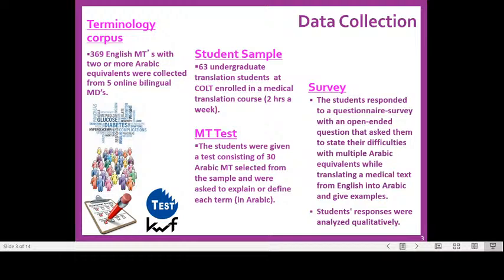In addition to the test, the students responded to a questionnaire survey with an open-ended question that asked them to state their difficulties with multiple Arabic equivalents while translating a medical text from English to Arabic and give examples. Then what I did, I analyzed students' responses qualitatively.